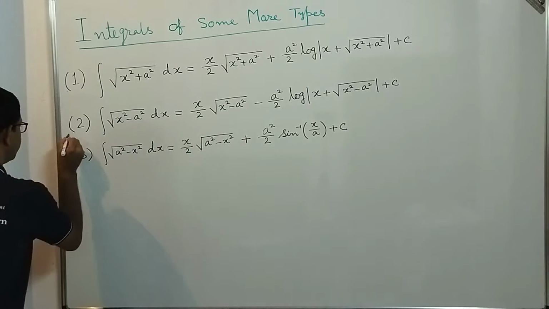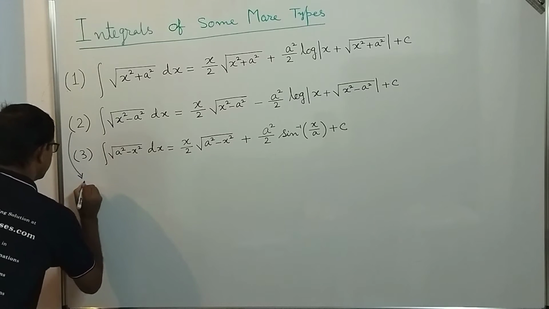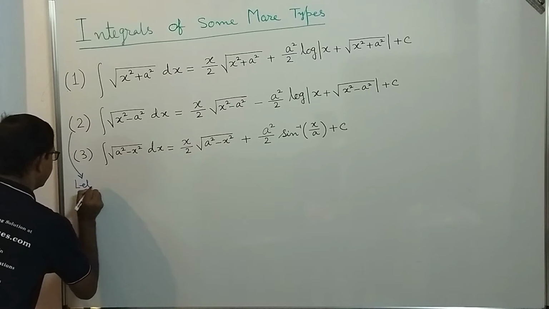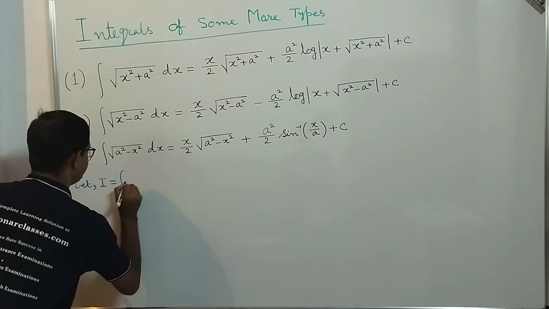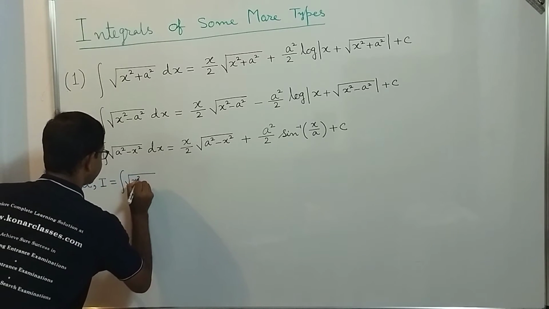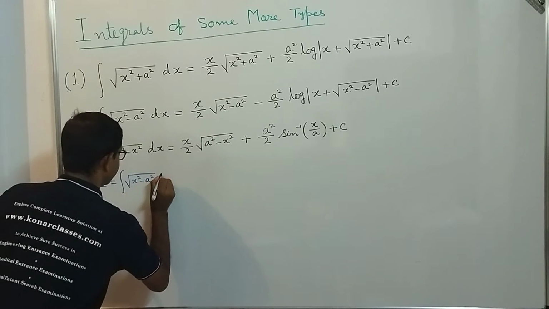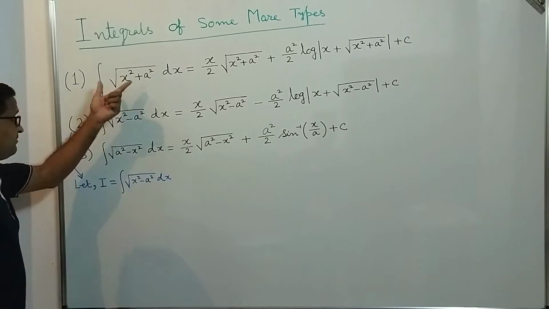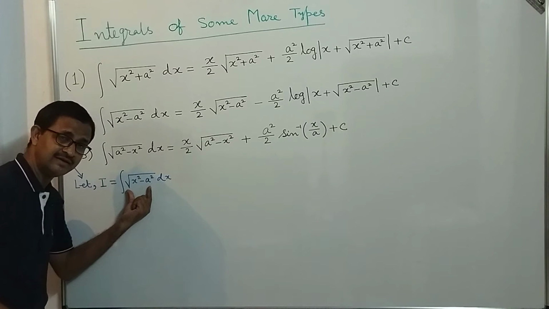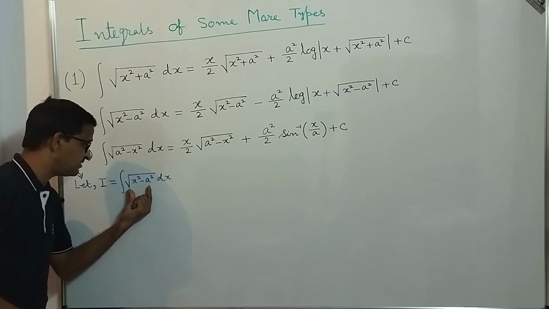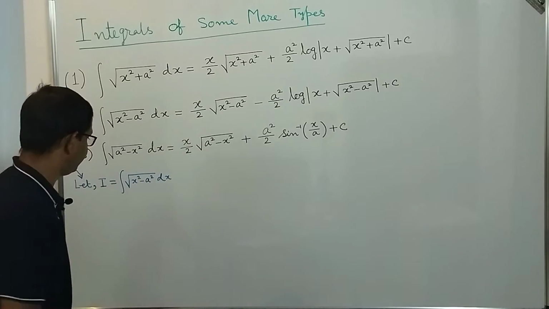So here we will assume let I is equal to the integration of square root of x square minus a square dx. Like the previous one, that function square root of x square minus a square is not directly integrable, so we should take this as the first function and 1 as the second function.